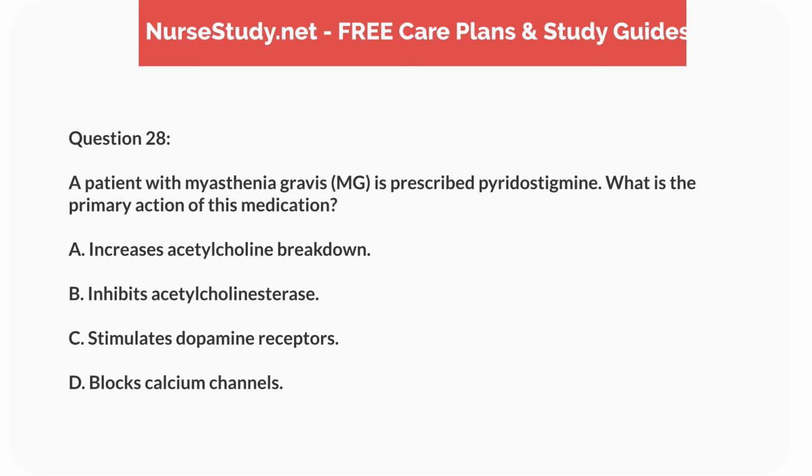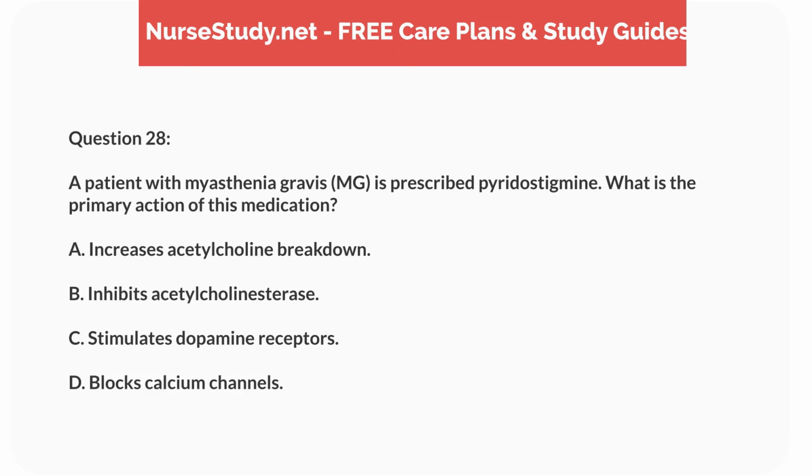Question 28. A patient with myasthenia gravis, MG, is prescribed pyridostigmine. What is the primary action of this medication? A. Increases acetylcholine breakdown. B. Inhibits acetylcholinesterase. C. Stimulates dopamine receptors.